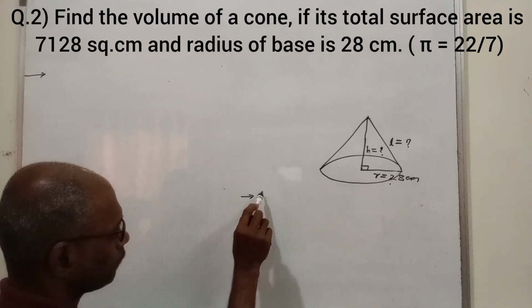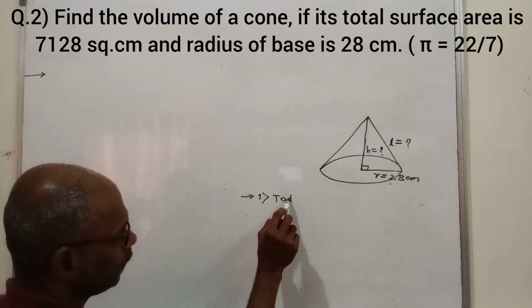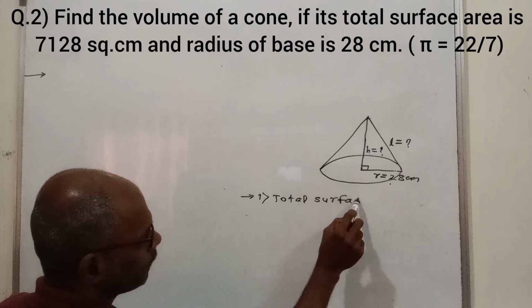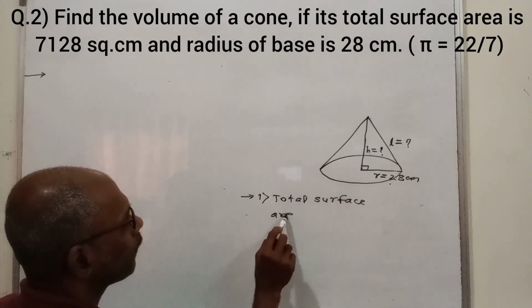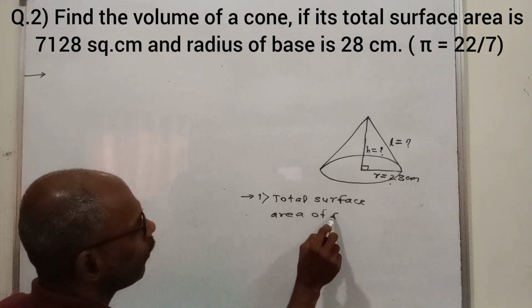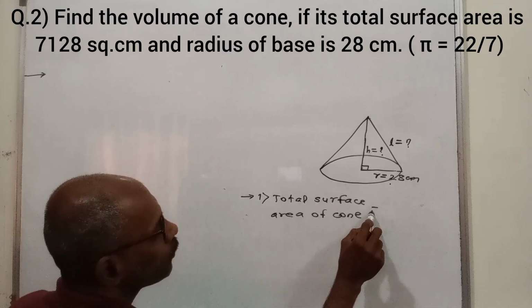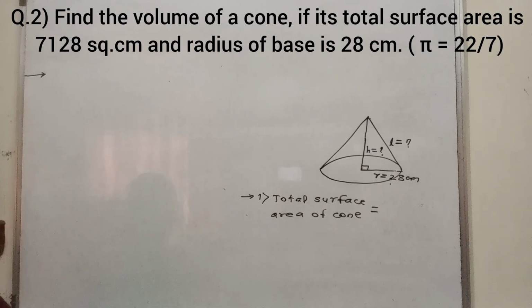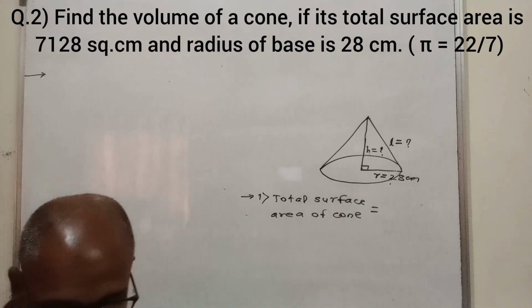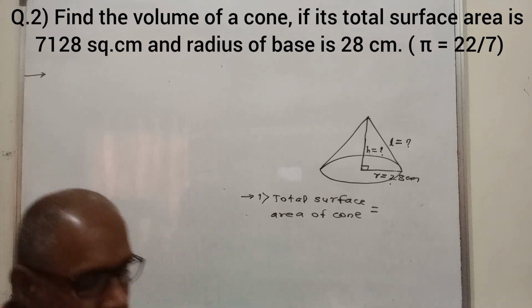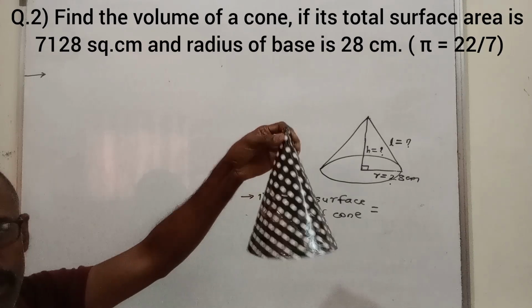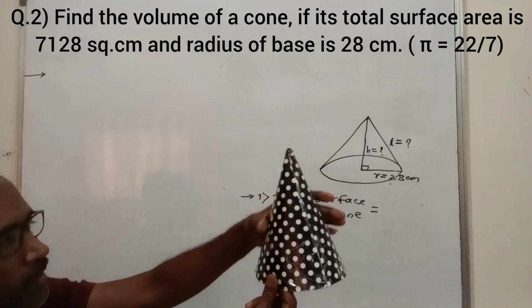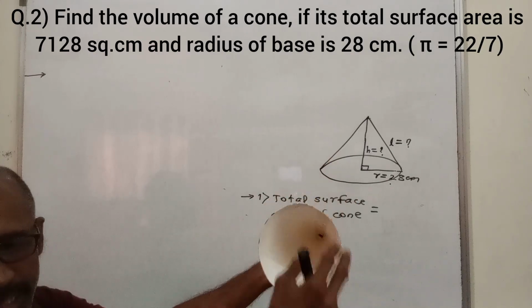See this here, total surface area of cone. Total surface area of this cone means curved surface area plus area of base.